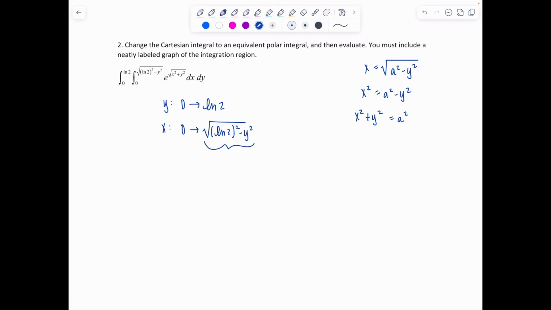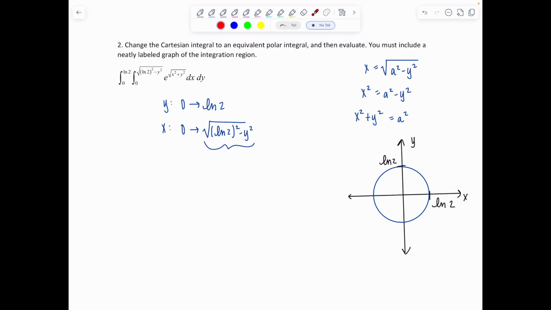Okay, so we can easily sketch out this integration region, and then we'll use the graph to help us switch to polar. So here's the x-axis, y-axis. I'm just going to sketch a whole circle, and then we'll decide what's the appropriate part to shade based on the limits of integration. The radius here is ln of 2. Don't fret. You're going to love that it's ln of 2 in a hot second.